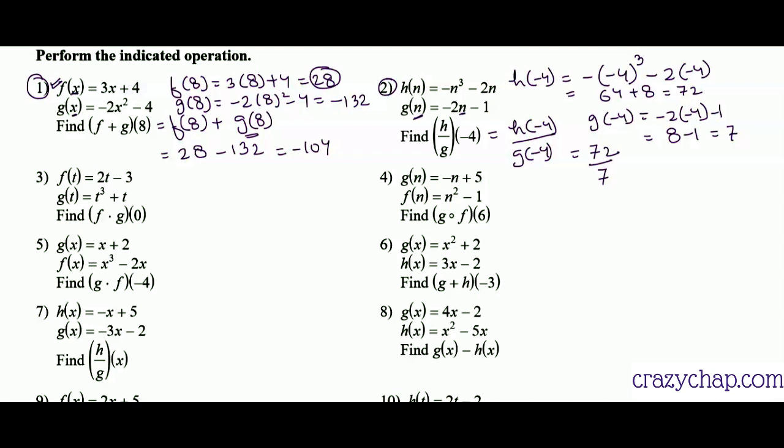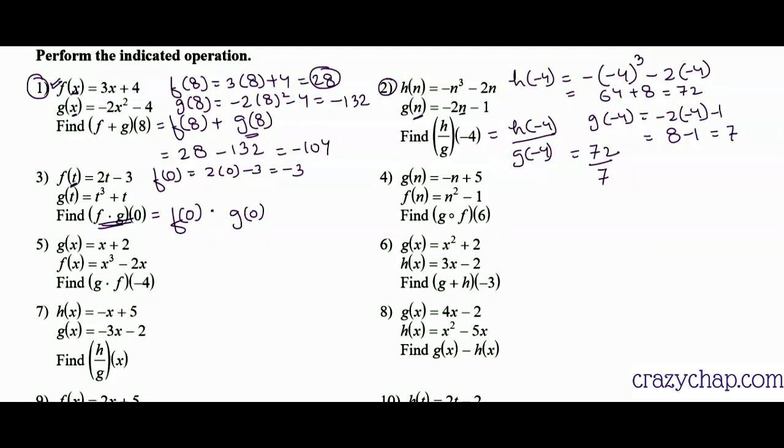Have a look at question number 3. Question number 3 is we have to find f dot g. Dot means multiplication, guys. So we have basically f(0) multiplied by g(0). So we find the f(0) value by putting in 0 in place of t. So we get 2 times 0 minus 3, which is negative 3.